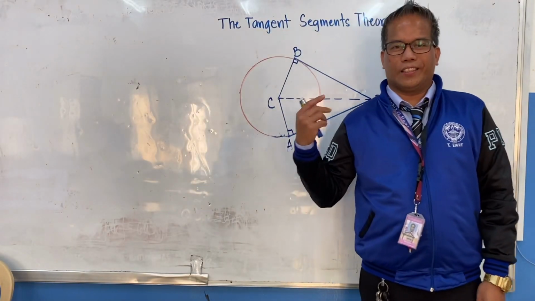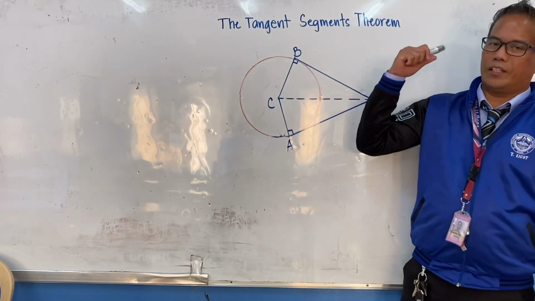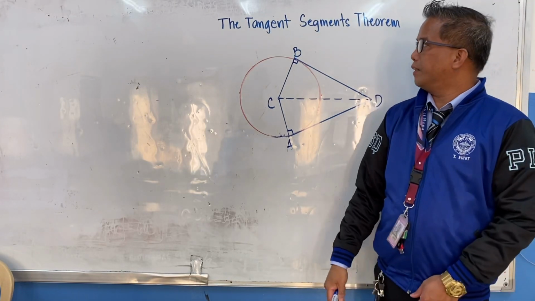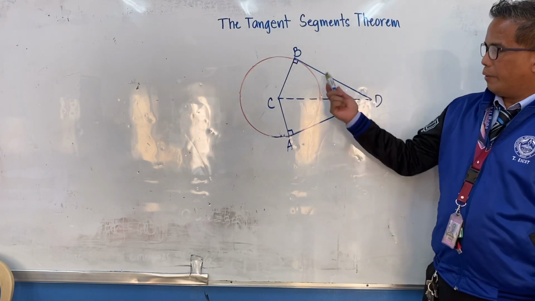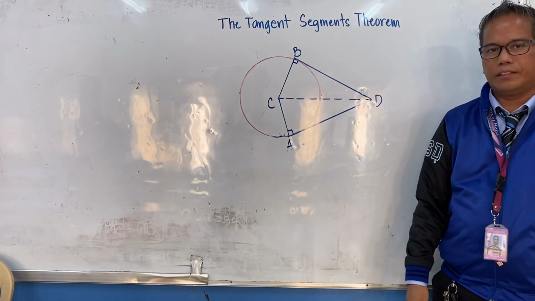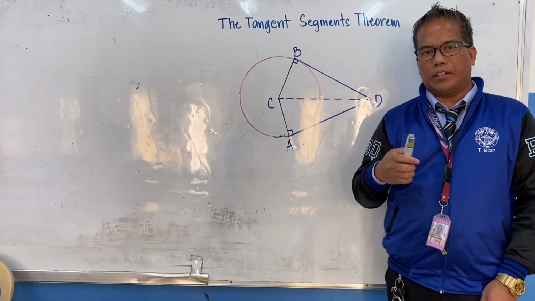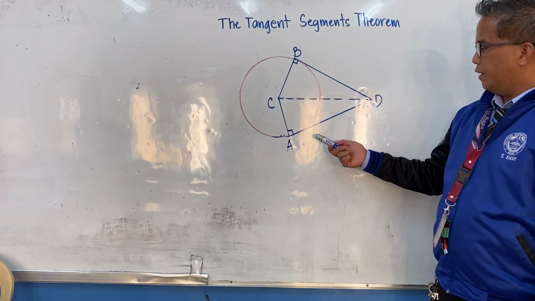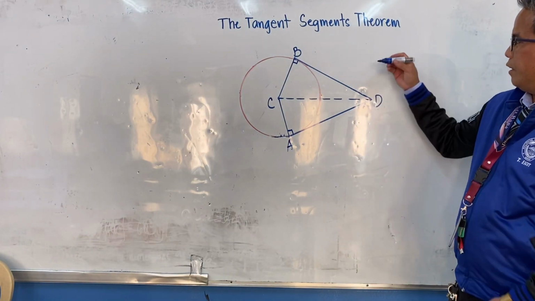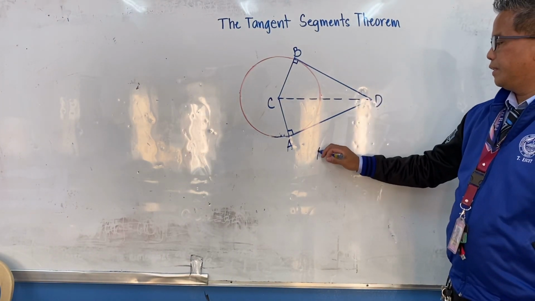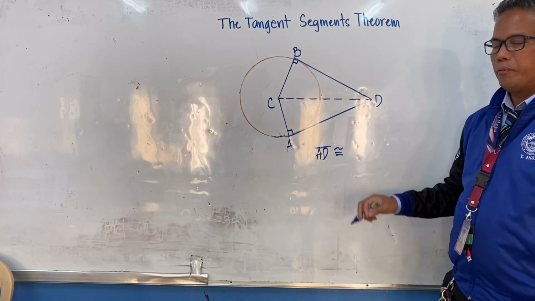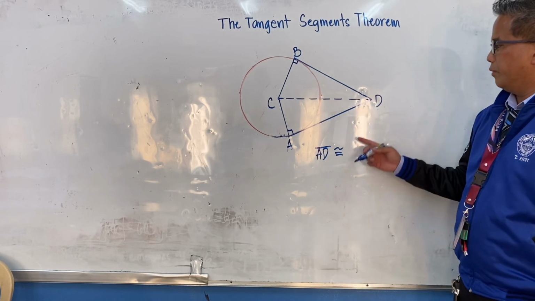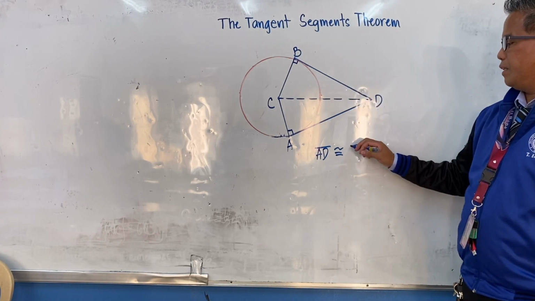So let us discuss about this theorem. We call this the tangent segments theorem. So we have again circle C. The two tangents here, segment AD, is congruent, and this is the symbol for congruent, to segment BD.